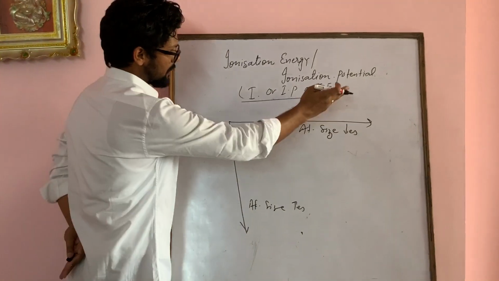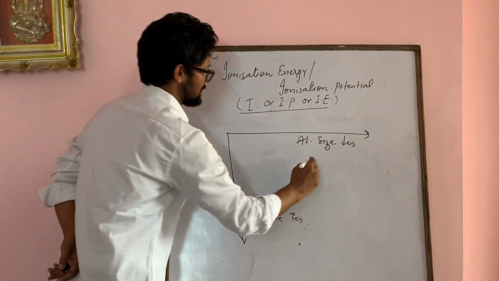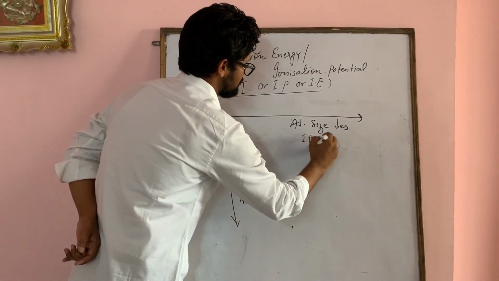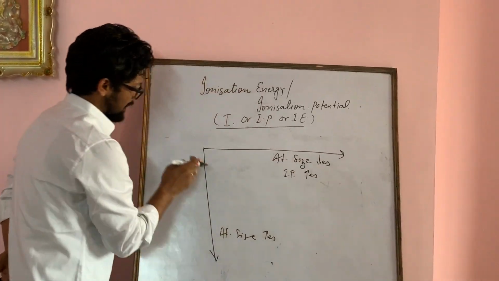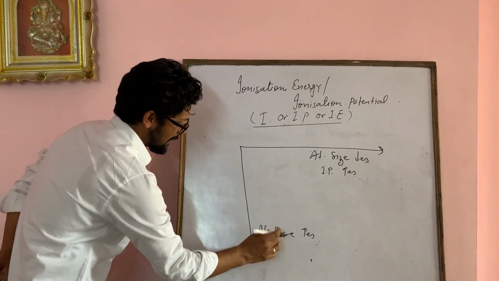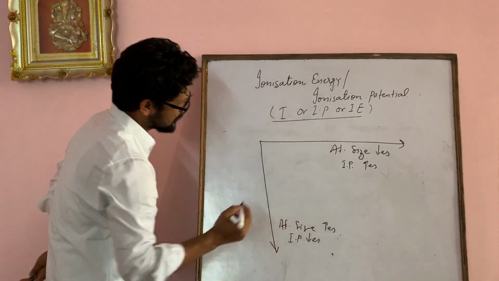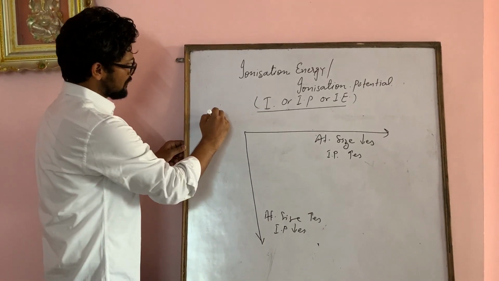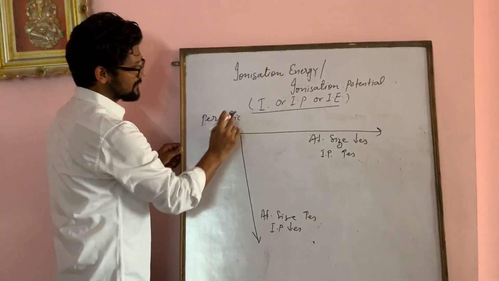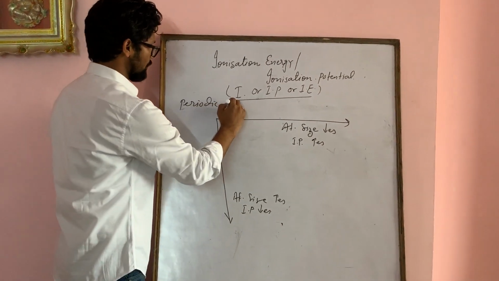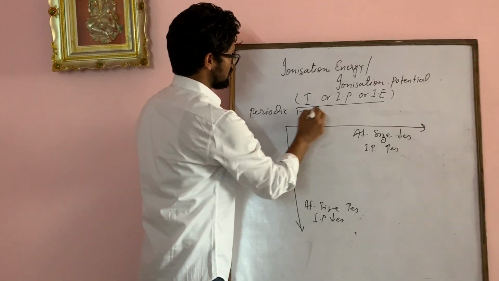As we go across a period, size decreases, so IP increases. As we go down a group, size increases, so IP decreases. This is called periodic trends. I have given it in short, but you can write it in words also.